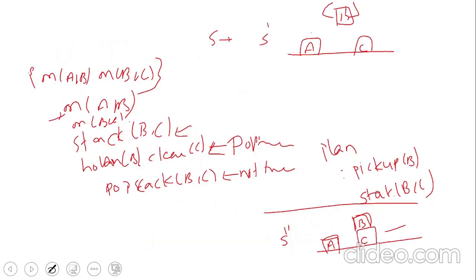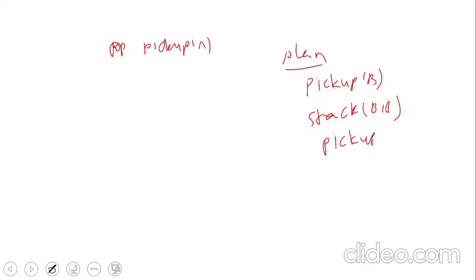So now the plan becomes, what is the plan we previously had? Pick up B, stack B C. The plan is first pick up B, stack B C, now pick up A. This is the next state: C, B, and we are having A on the arm.